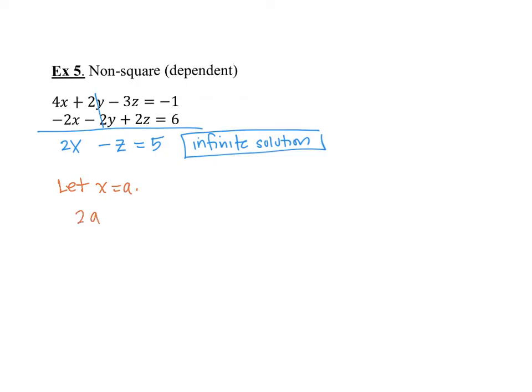Okay, so 2a minus z equals 5. So I'm going to get z equals, and I'll move the 5 over, 2a minus 5. So I have x equals a, z equals 2a minus 5, and then to get y, I'm going to go back to the original equations. I'll just use the first one. 4x, x is a, plus 2y minus 3 times z.